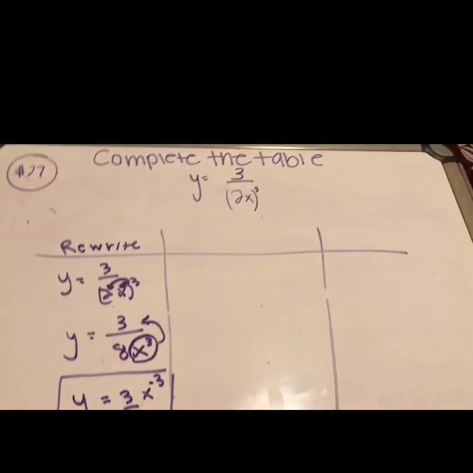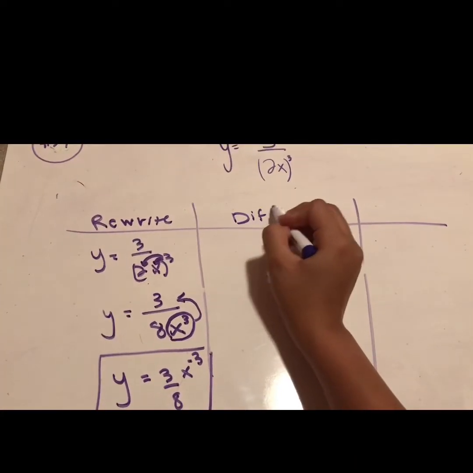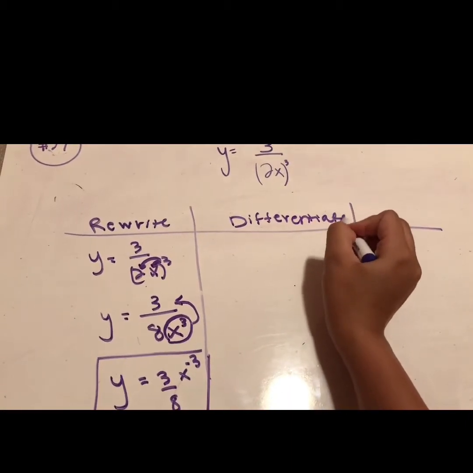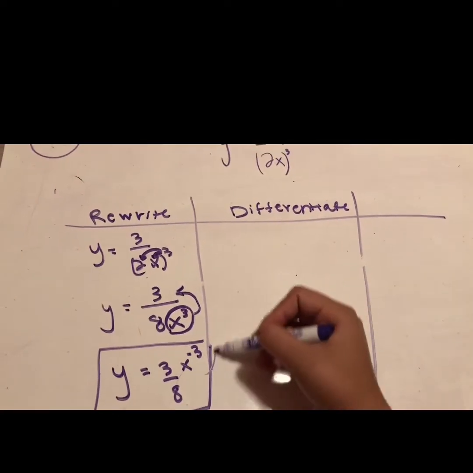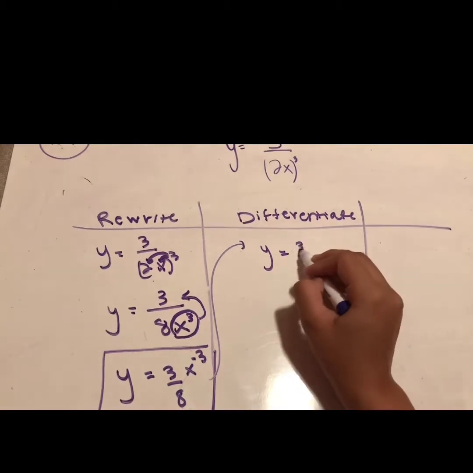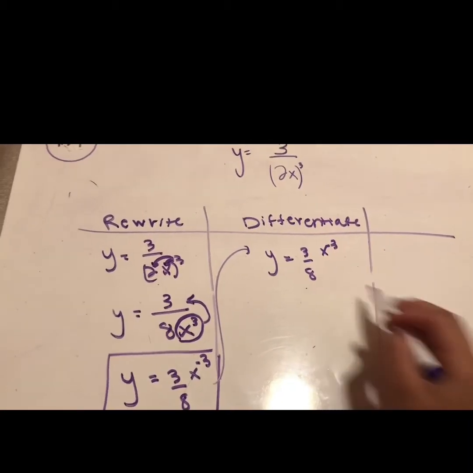The next thing we have to do is differentiate. So we move this up here, and then we just rewrite it. So we have y equals 3 over 8 x to the negative 3.